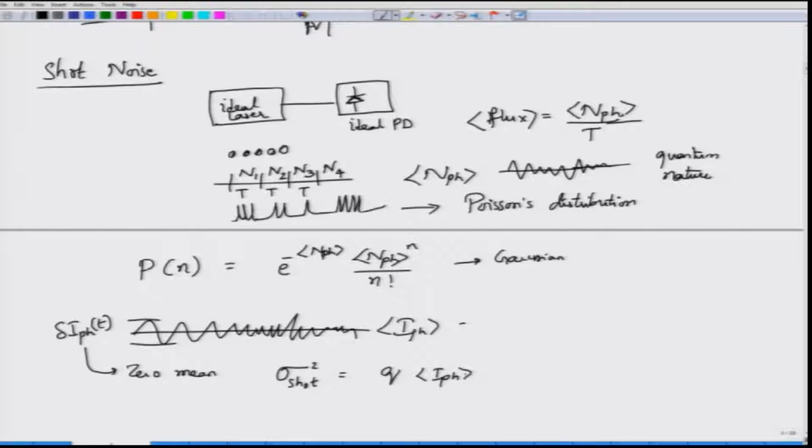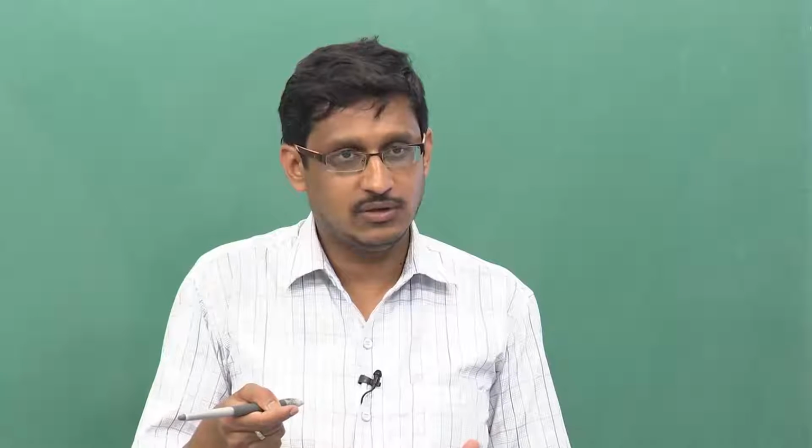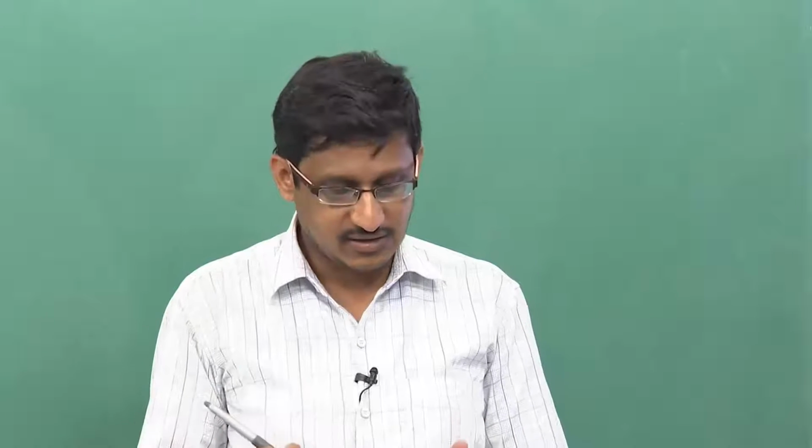So, it is actually directly proportional to the mean photocurrent. So, you might think that, oh, increasing the mean photocurrent value will increase the shot noise variance, and you are right, shot noise variance does increase linearly with the increasing photocurrent.